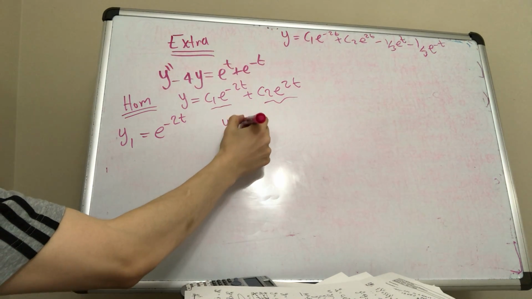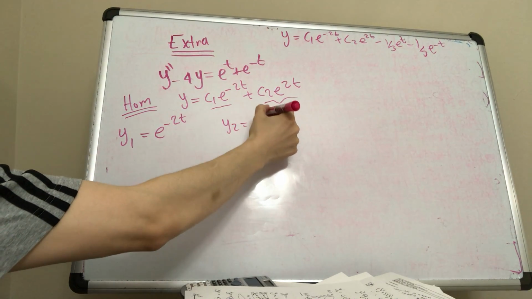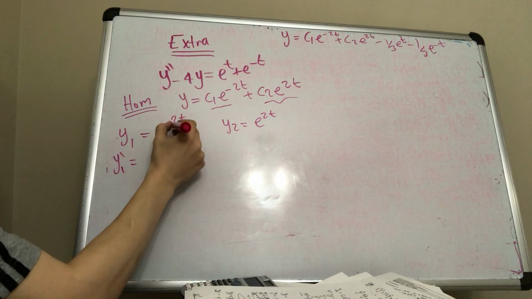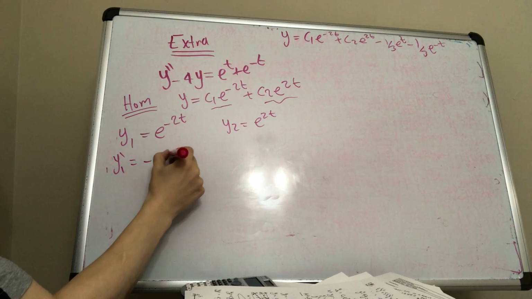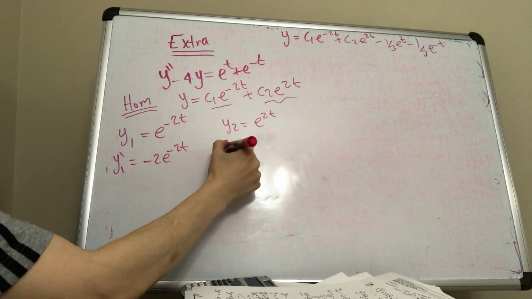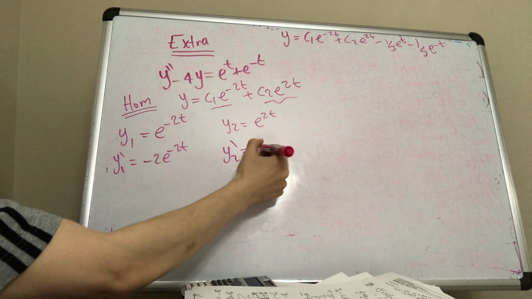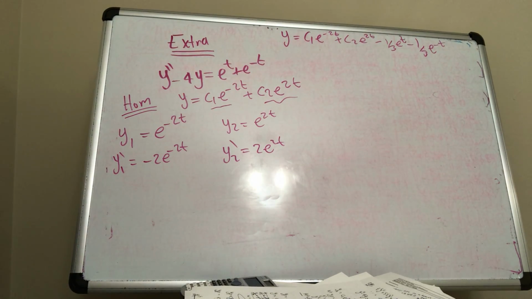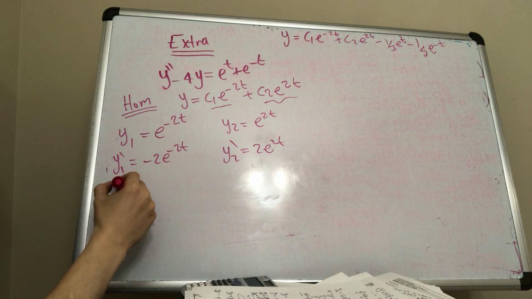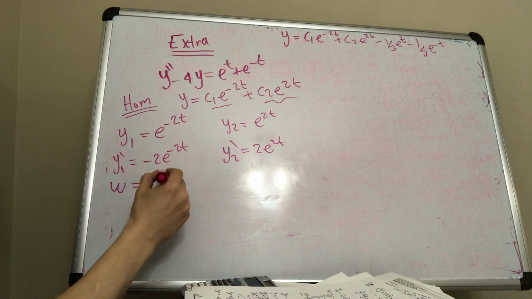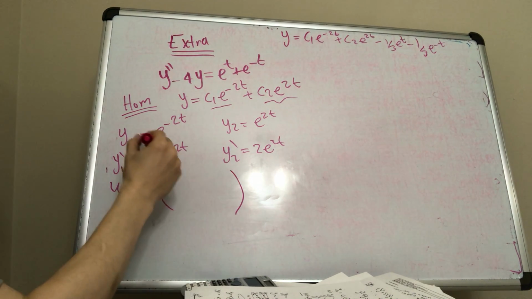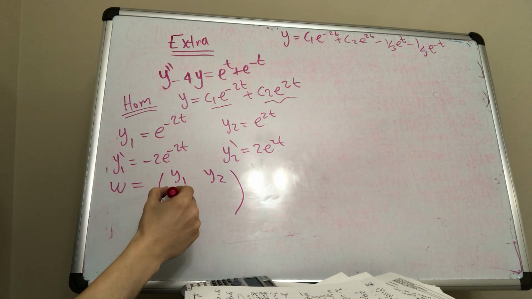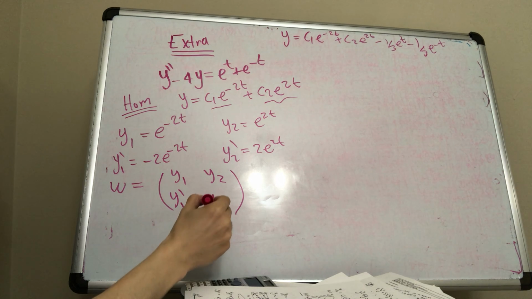And y2 would be this one, and forget about the constant. Then you take the derivative of this, and you take the derivative of this. Then W, which is the Wronskian, you put y1, y2, you put derivative y1, derivative y2.